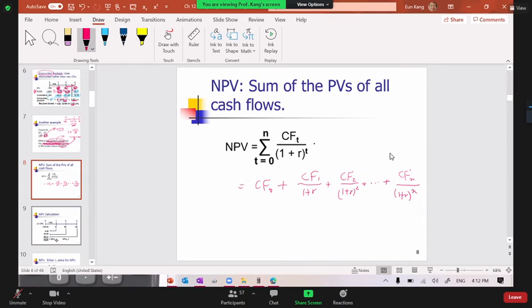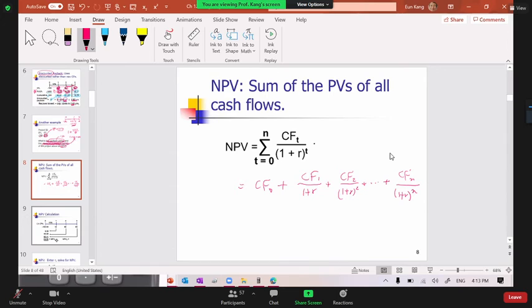So net present value is nothing more than the present value of all the cash flows, and then you add them up.